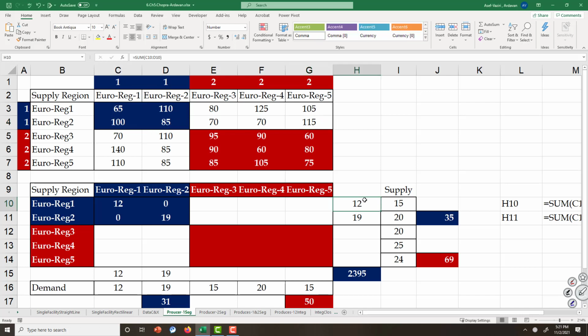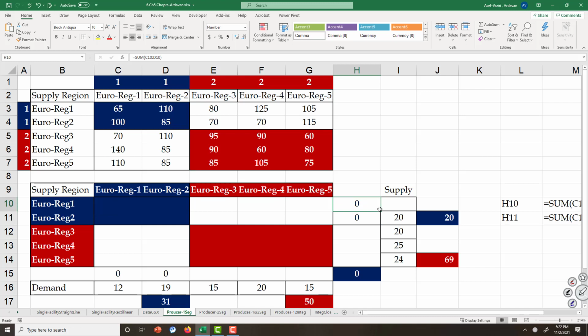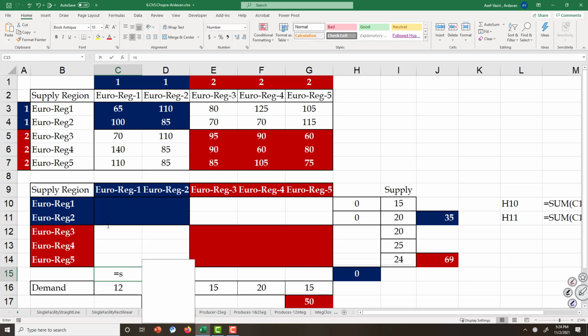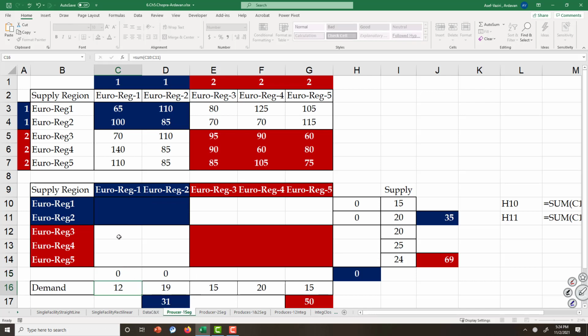Come here, equal to summation 1 and 2, and then copy to the right.